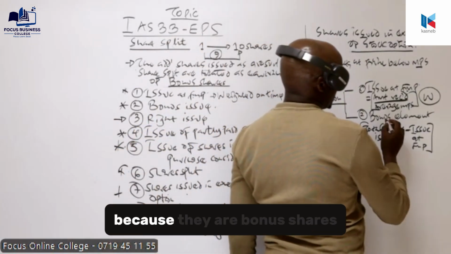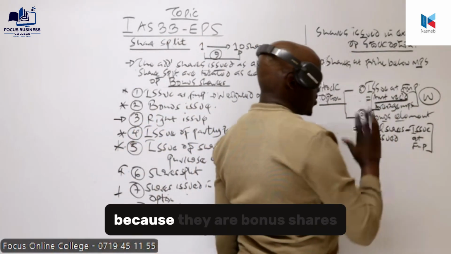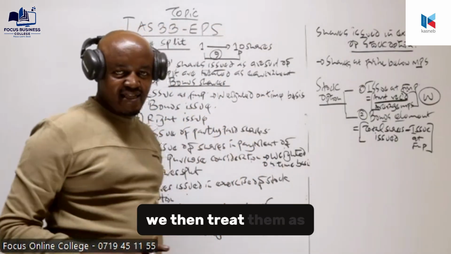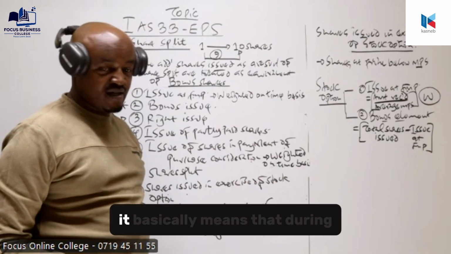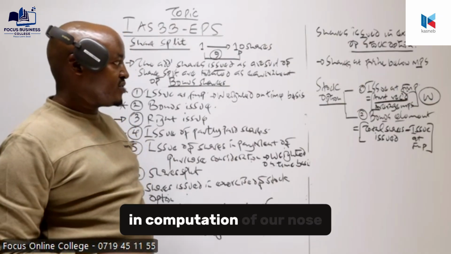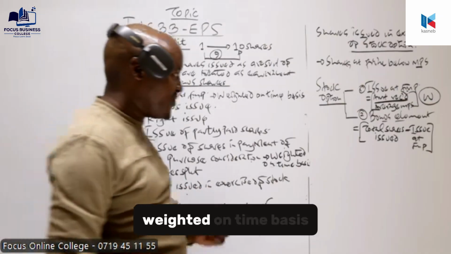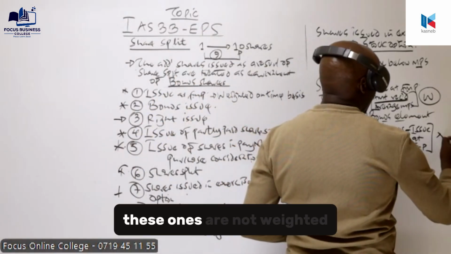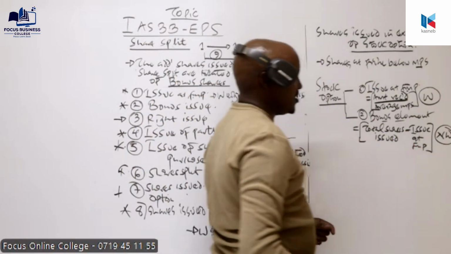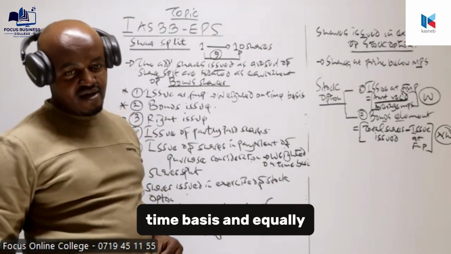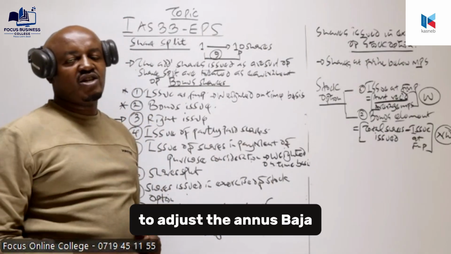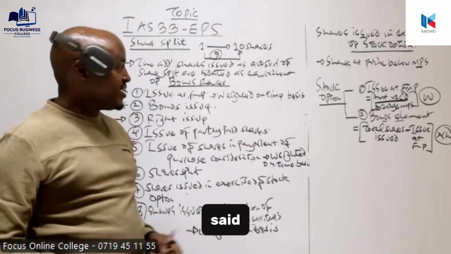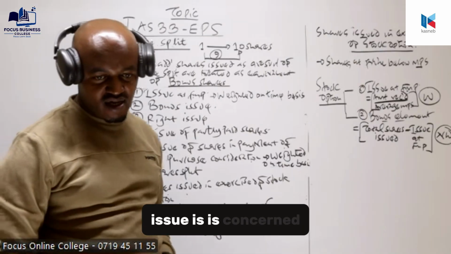And then these shares, because they are bonus shares, we treat them as an equivalent of a bonus issue. What does that mean? It means that during the current year, in computation of the number of ordinary shares, those shares should not be weighted on time basis. And equally, we also use them to restate, to adjust the earnings per share of the previous year, just like what you have said as far as the bonus issue is concerned.